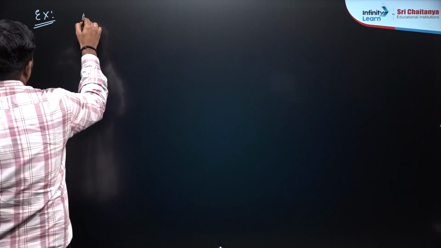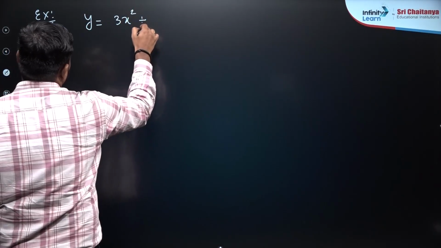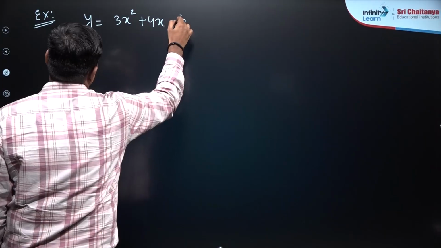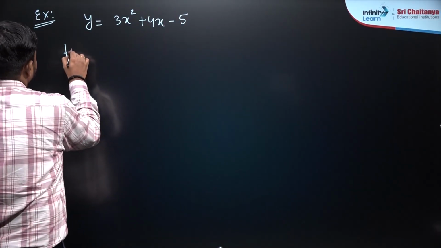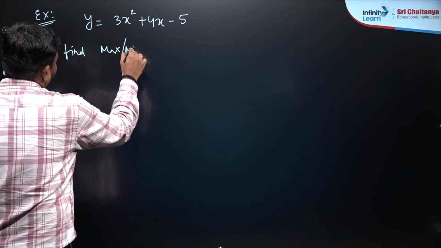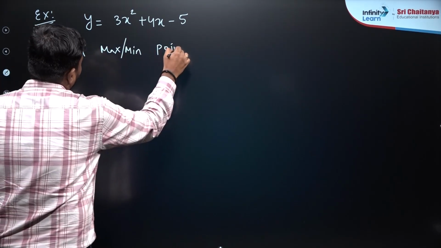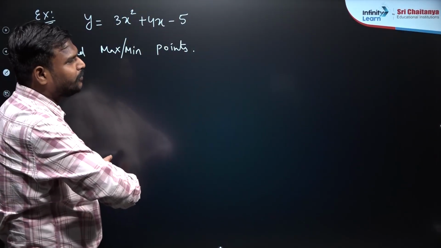Let us say they have given a function y is equal to 3x square plus 4x minus 5, right? And they are asking to find where the graph is becoming maxima, where the graph is becoming minima.